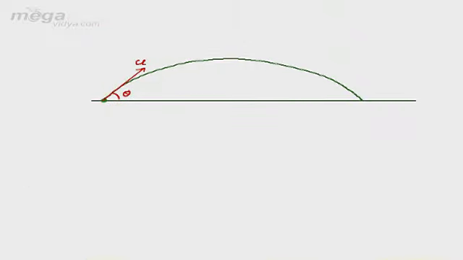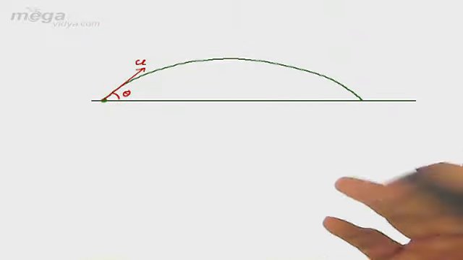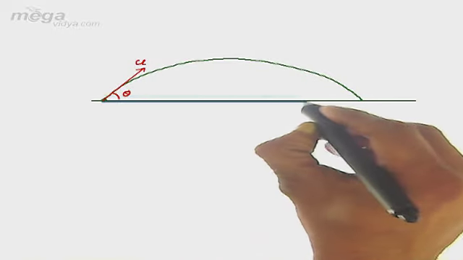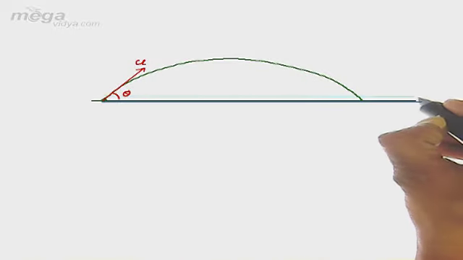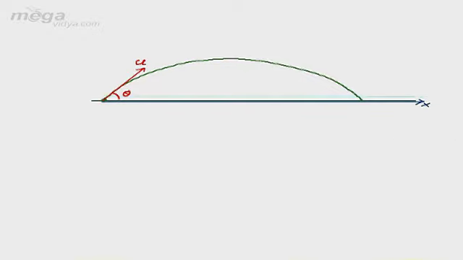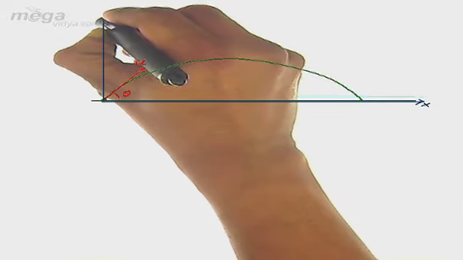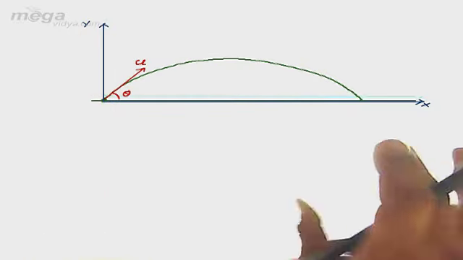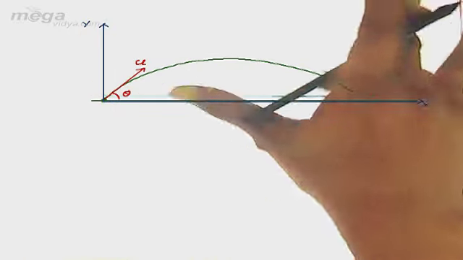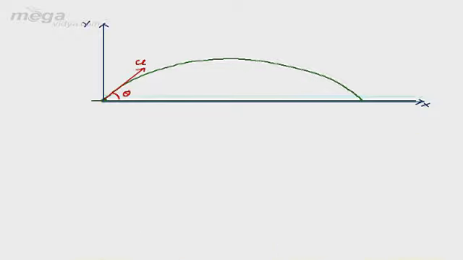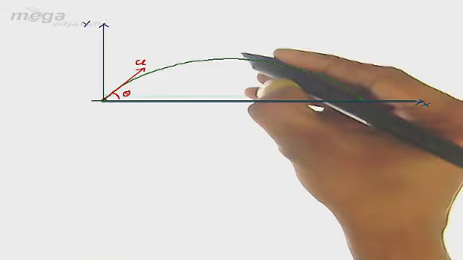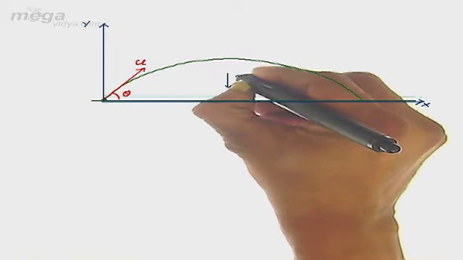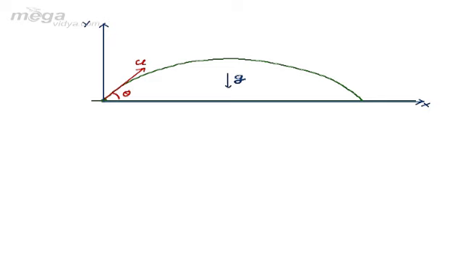So I will here also stick to the same imagination. For our further study, I am taking the x direction along the horizontal and the y direction vertically upward. We know that in this entire region around the projectile and its range of motion, acceleration is always vertically downward, having a value equal to g, the acceleration due to gravity.